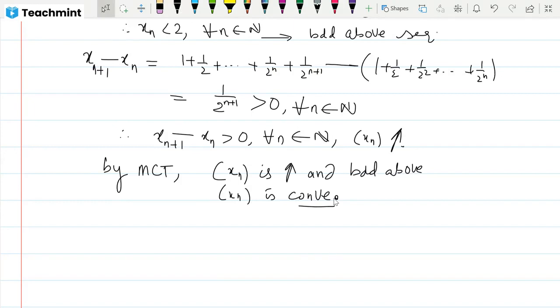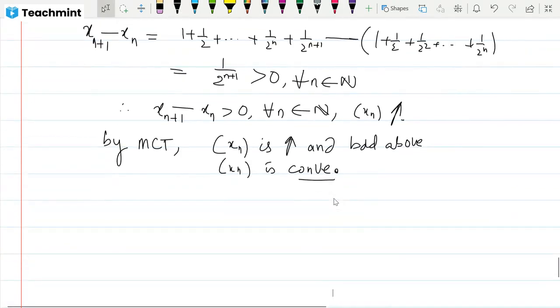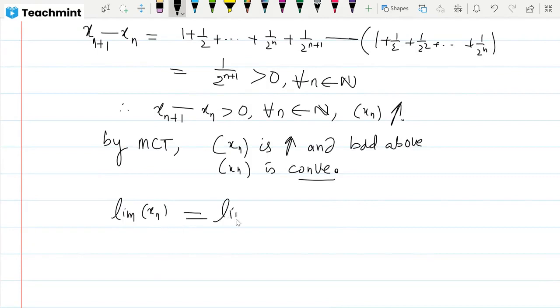Now I am going to find the limit of xn. So the limit of xn is the same as the limit of 2 times 1 minus 1 by 2 power n plus 1, right? What is this limit?